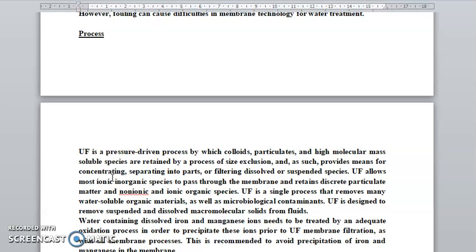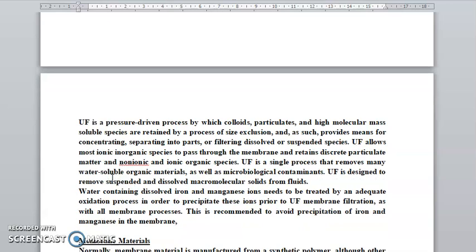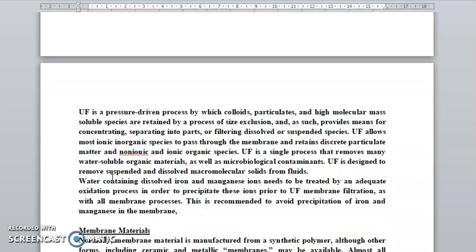As with all membrane processes, this is recommended to avoid precipitation of iron and manganese in the membrane.